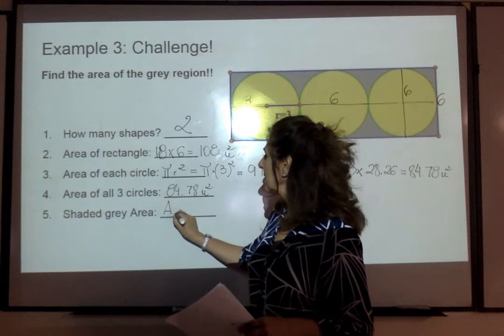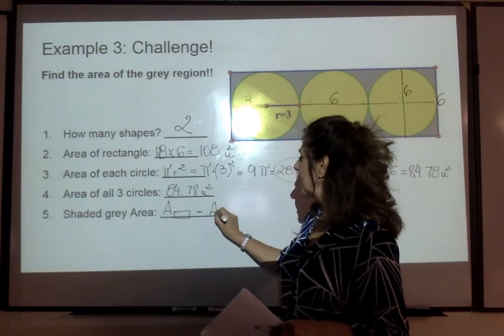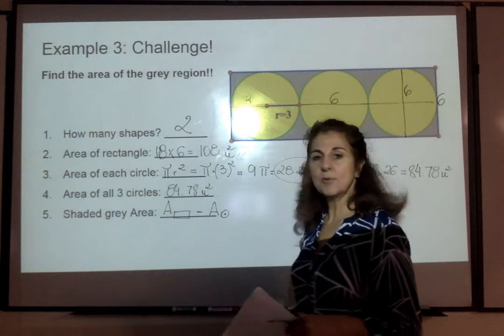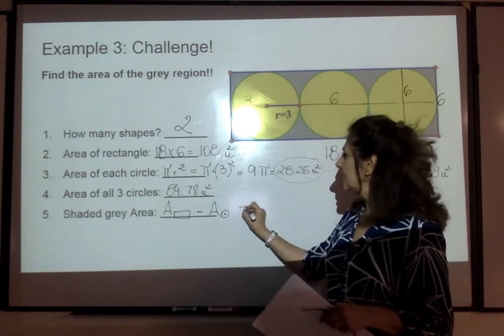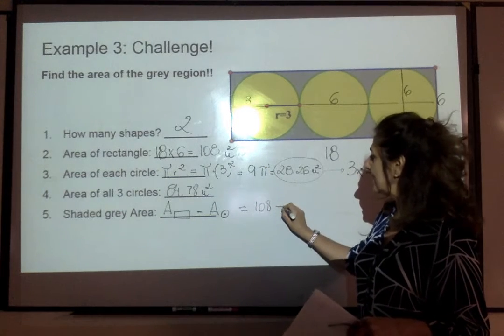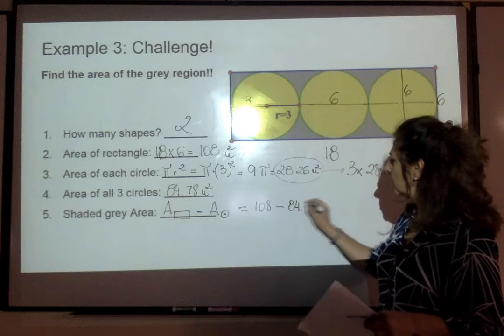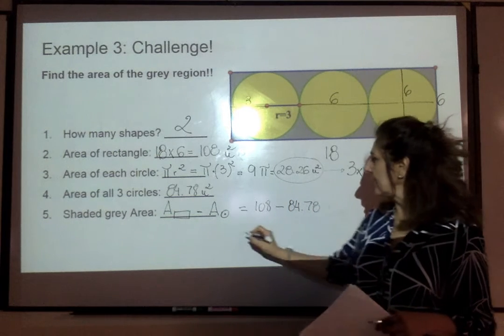So the shaded gray area, which is what we're looking for, is the area of the rectangle minus the area of the 3 circles. So this is going to be 108 take away 84.78.